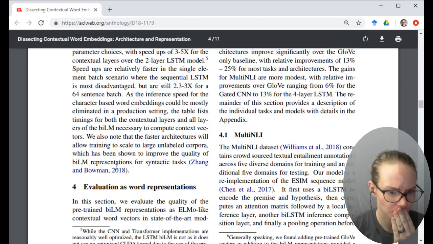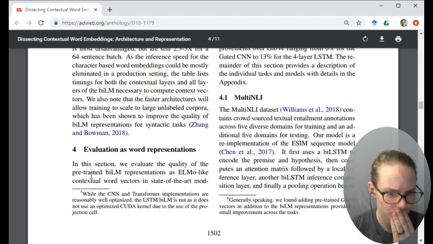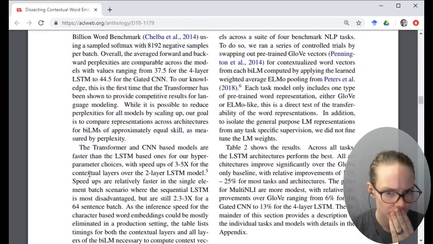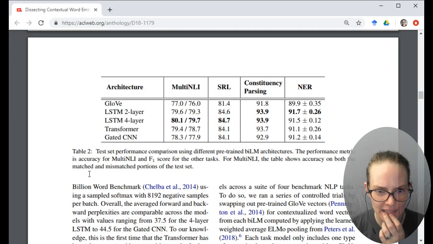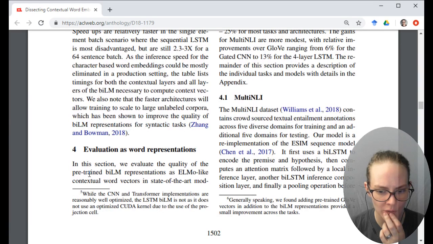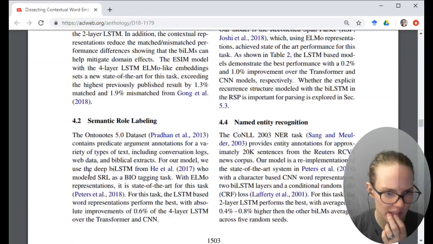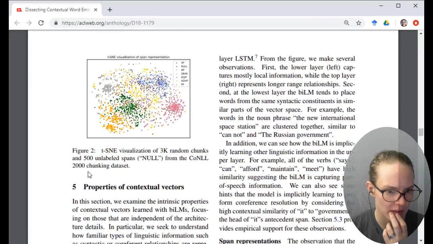I'm trying to remember if we looked at the performance as word representations part. And I genuinely don't remember. Okay, we definitely haven't looked at this.